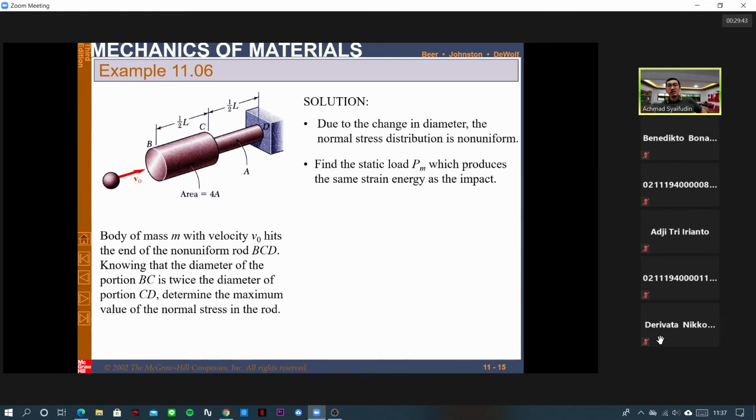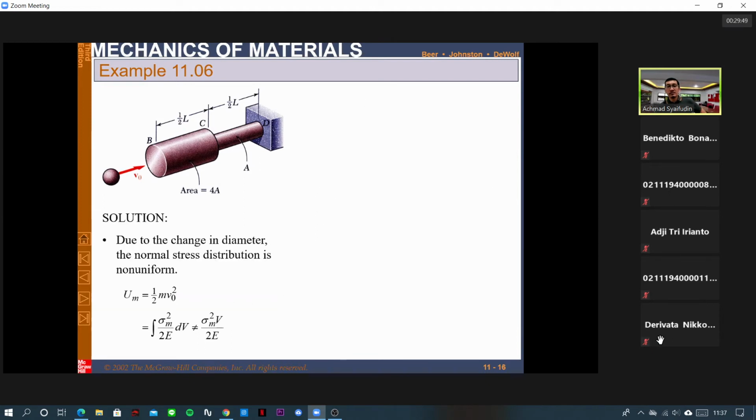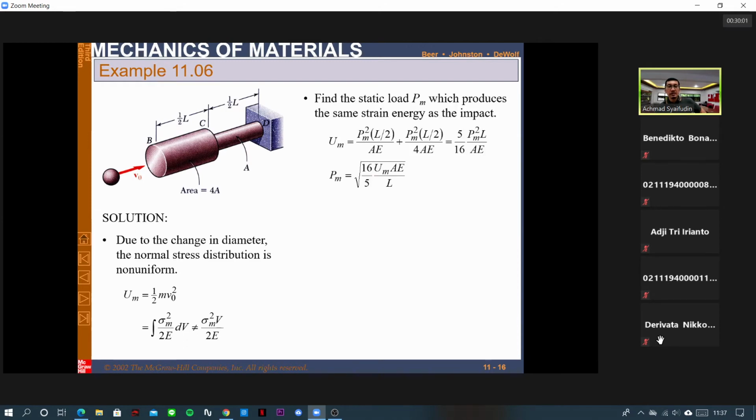Due to the change in diameter, the normal stress distribution will be non-uniform. And this is the procedure to solve this problem. Because there is a change in diameter, we need to solve it one by one, portion by portion.